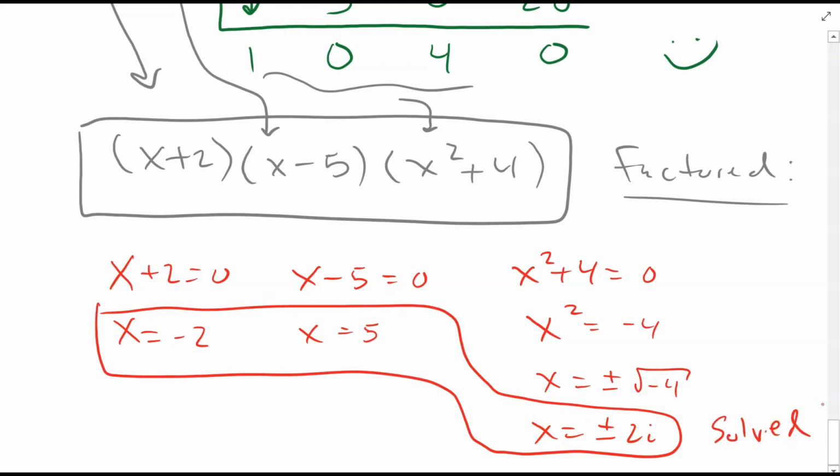So my solved answer would be -2, +5, and then plus or minus 2i. Okay with that?